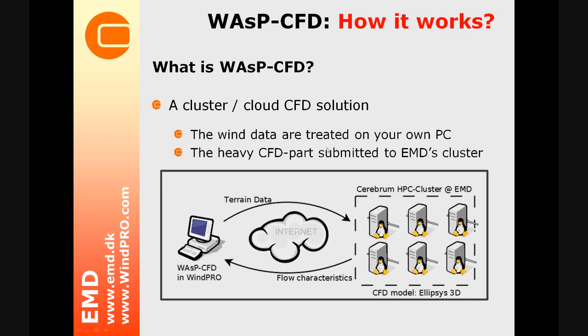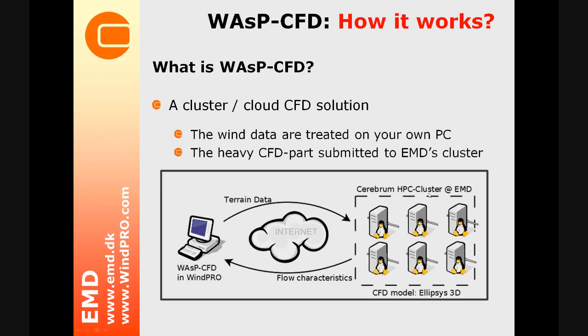It is calculating the flow characteristics, the speed-ups and wind shear over the terrain. It's done by sending the terrain data to the high-performance computer cluster hosted here at EMD in Denmark. What we actually are sending is your height contours and roughness information, and we'll return the flow characteristics back to you.